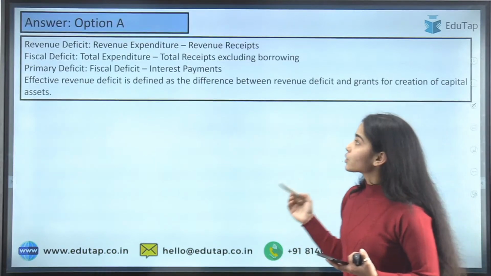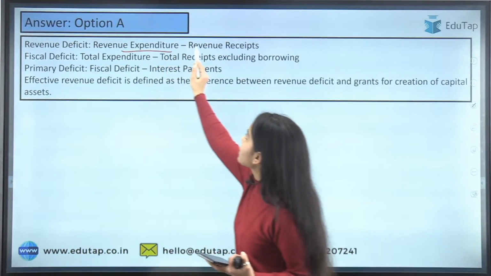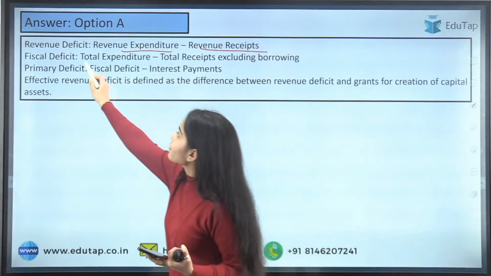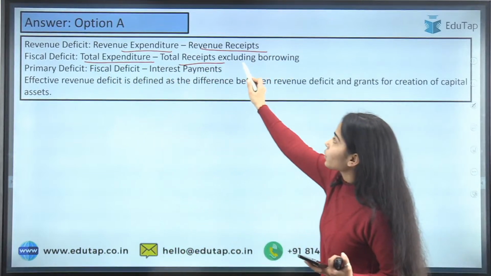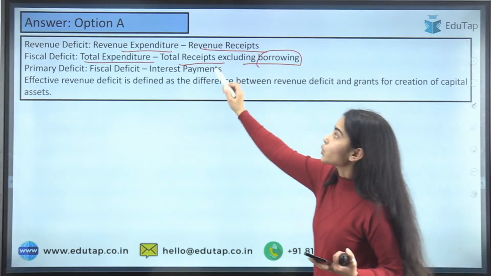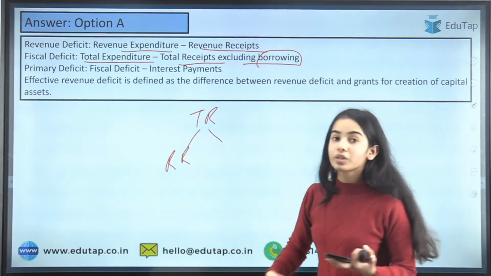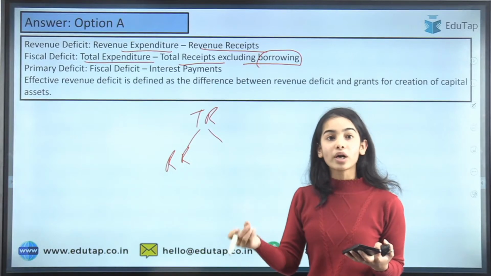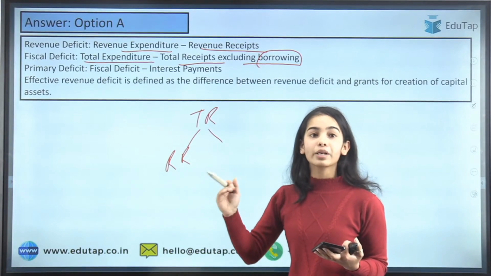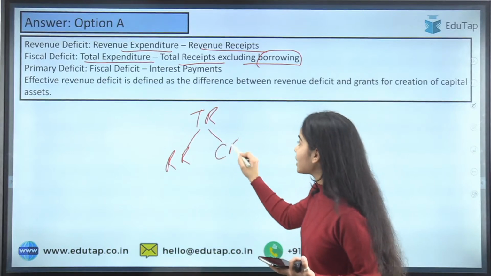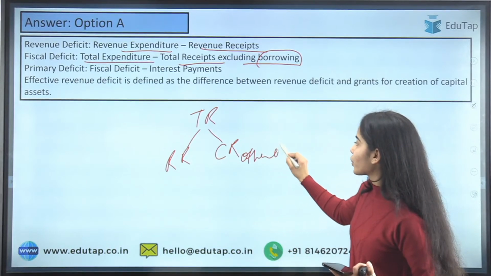So revenue deficit is revenue expenditure minus revenue receipts. Fiscal deficit is total expenditure minus total receipts excluding borrowing. Total receipts include the revenue receipts, that the government is getting by not reducing the assets and not creating liabilities, and the capital receipts other than borrowings.